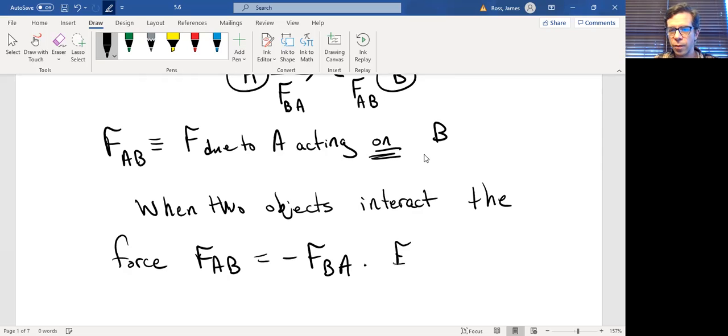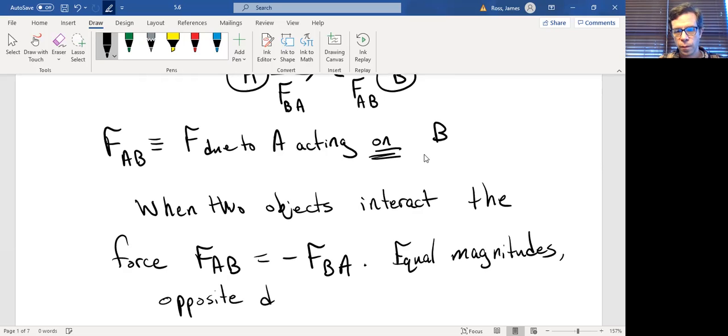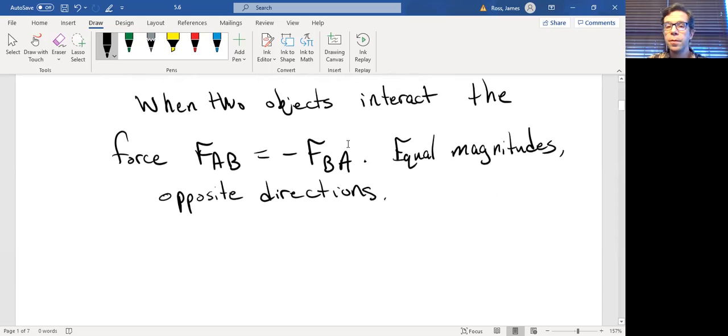They're equal magnitudes and opposite directions. All right, in more detail, they're the same type of force.